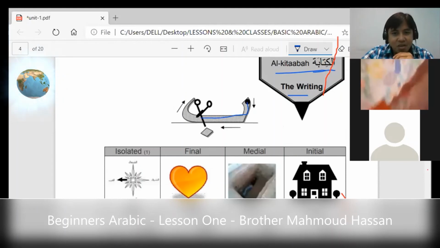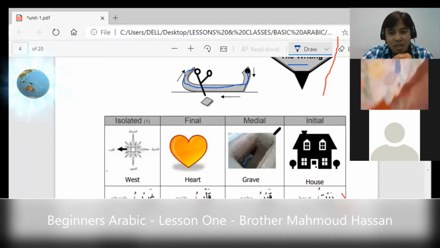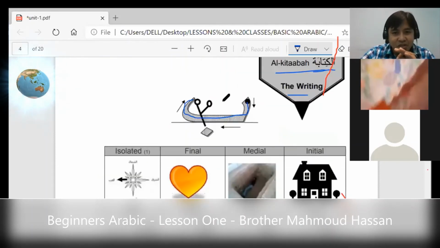You can just follow. If you have your pen or pencil, you can write it on your own. And of course, you can see here baytun. If you cannot read each of the words here, what I want you to do is search for the letter ba. We are talking about ba.